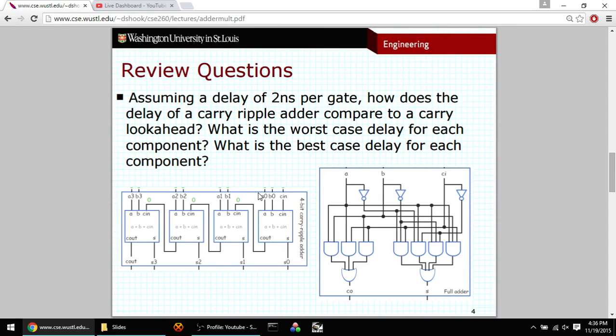Oh yeah, that's true. You've also got 3 gates here. Yeah, C0 is computed. Yeah, right.